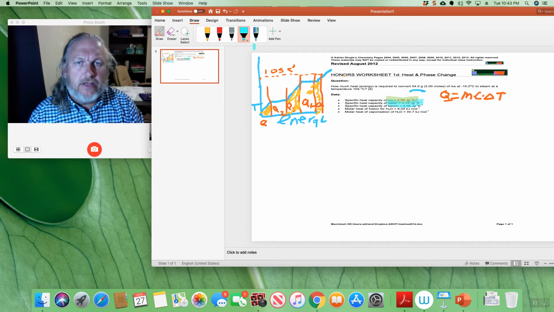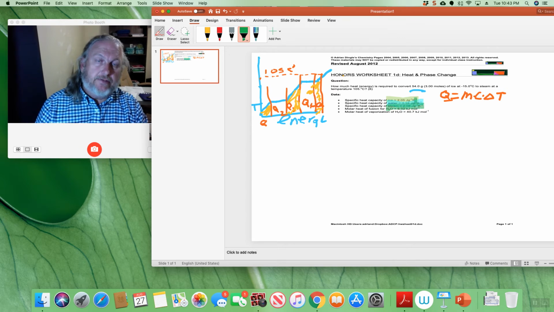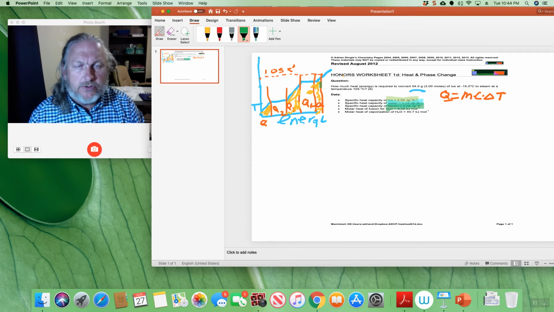And when we're steam, the specific heat is 2.08. So each of these has a different C. We've got to make sure we use the one for ice in this area here, this term for water when we're going up like this because it's liquid, and the right one for the steam, which is right here.